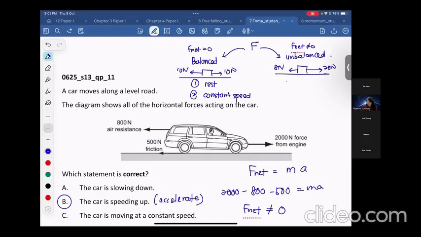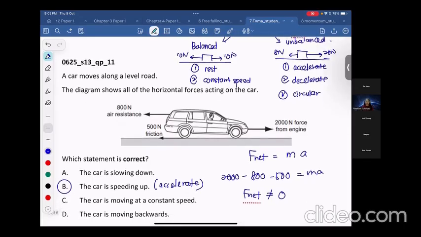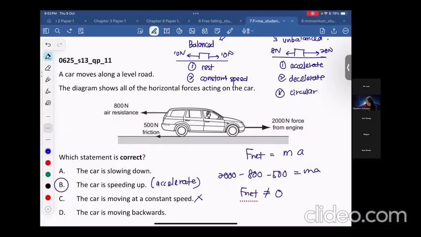If unbalanced, there are a few possible motions: the object may accelerate, decelerate, or move in a circular path, where direction changes. So we have resultant force. Unbalanced force is resultant force. So in this case, C is confirmed wrong, because we have resultant force, so C is impossible.